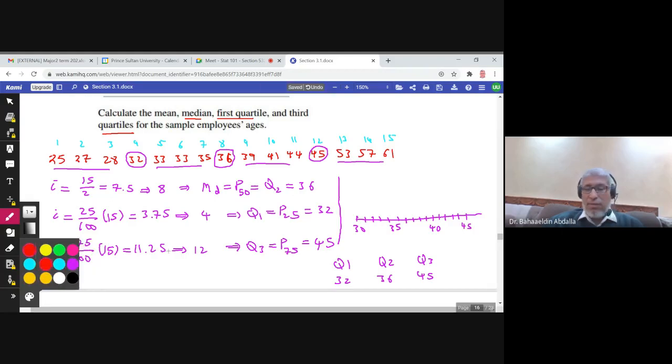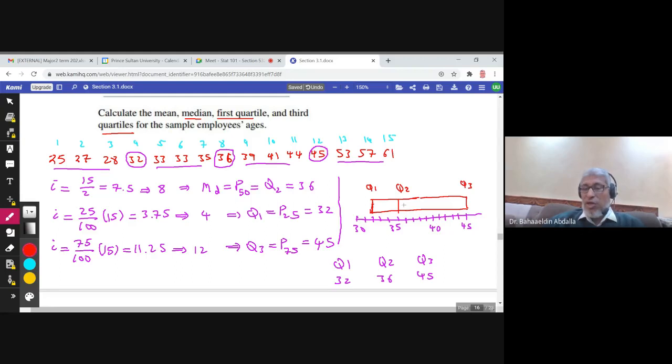Then 32, this is Q1. 36, this is Q2. And 45, this is Q3. Now, if you draw a rectangle here, this rectangle is called a box. So we will talk about the box plot in 10 minutes, maybe less.